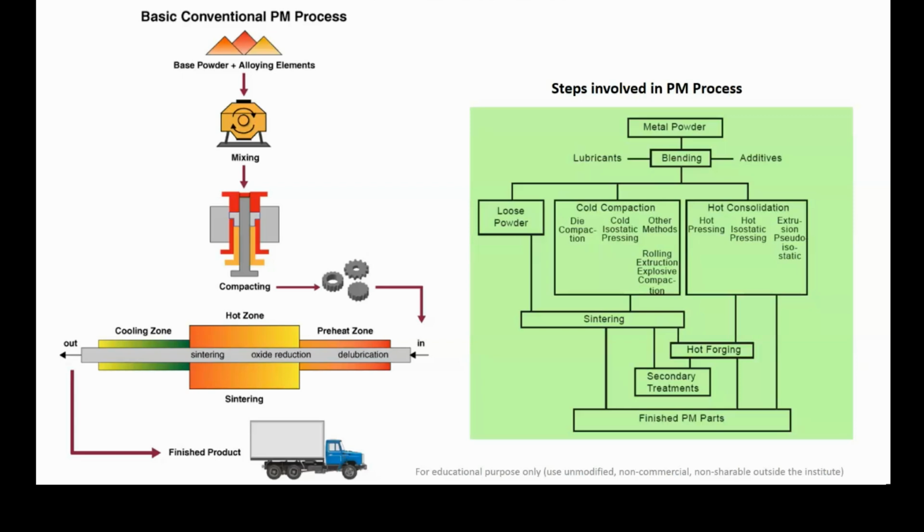After this compaction process, you have a solid rigid mass, but you can't use this fresh product for industrial applications, because it still has a lot of porosity in the part.